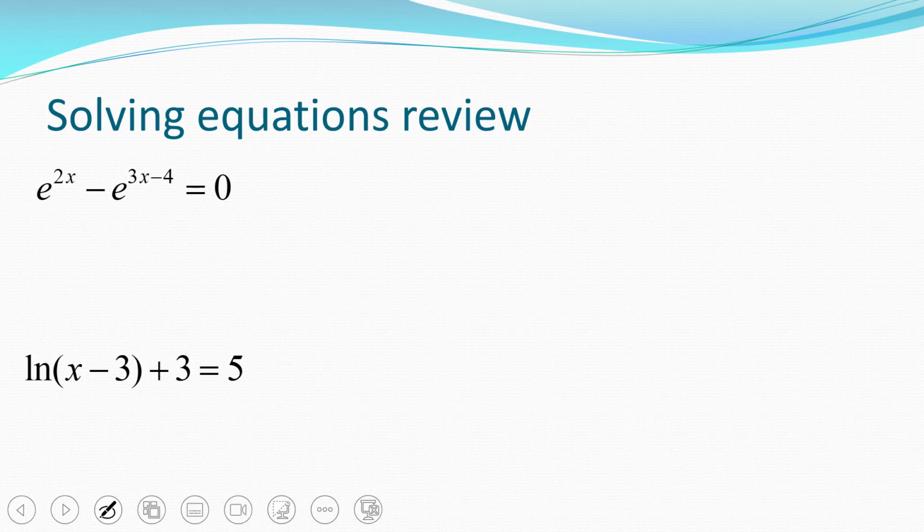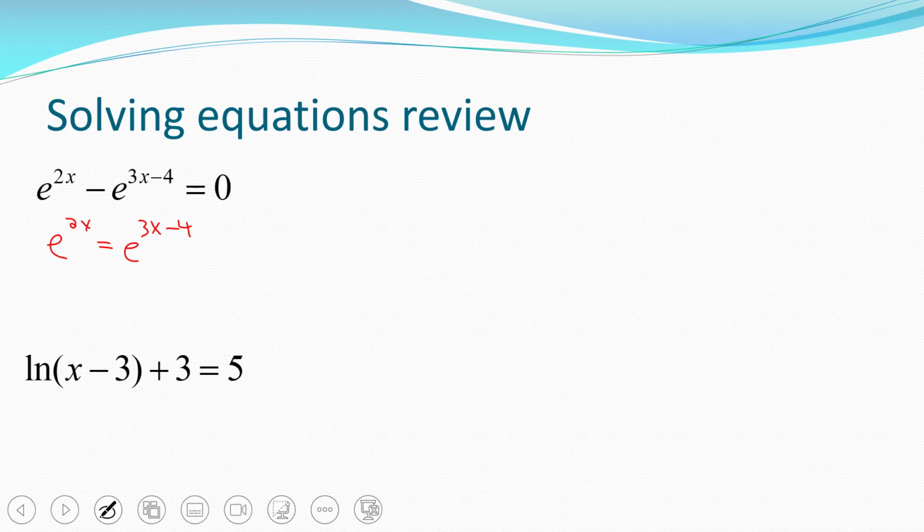Here, the trick is to notice that you can take this equation and write it as e to the 2x is equal to e to the 3x minus 4. And then there's two ways to handle the problem. You can think of it as take the natural log of both sides, or you can use the one-to-one property: since the graph of the natural exponential is always increasing, the function is one-to-one.